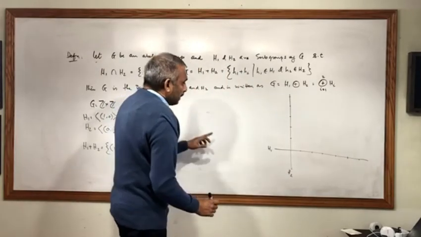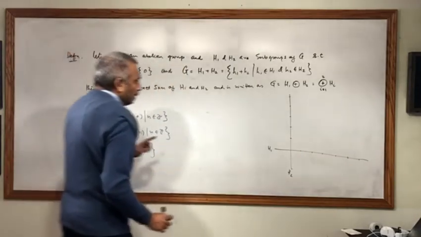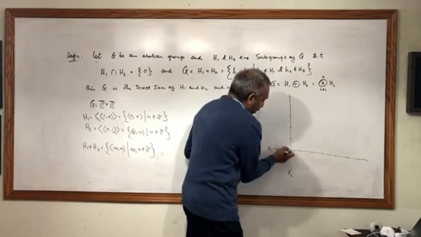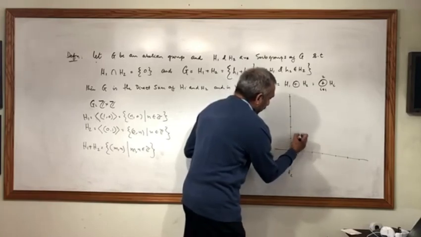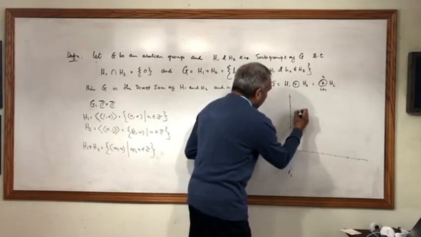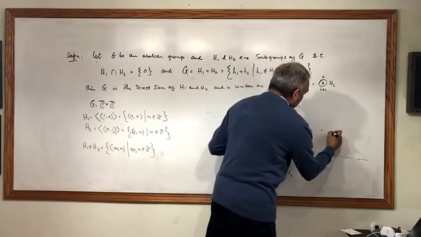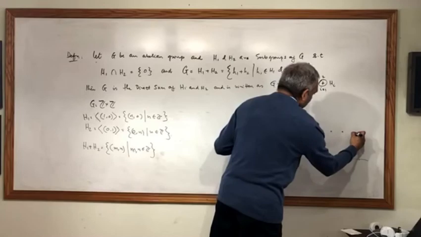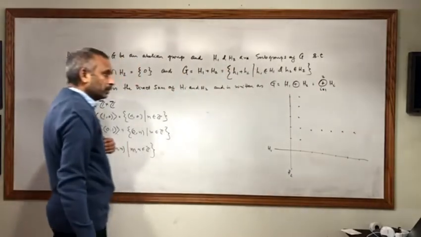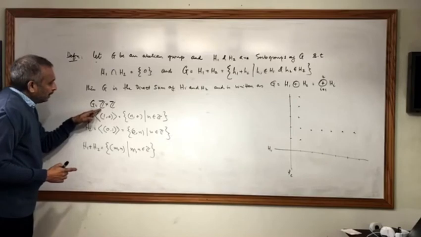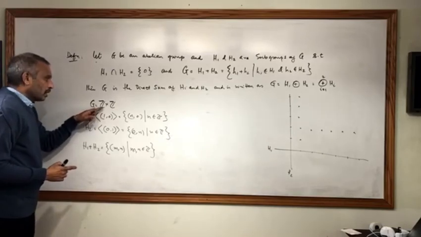So the elements of G are the sum of these points, that is actually this. So all integral points, and that is exactly what G or Z cross Z is.